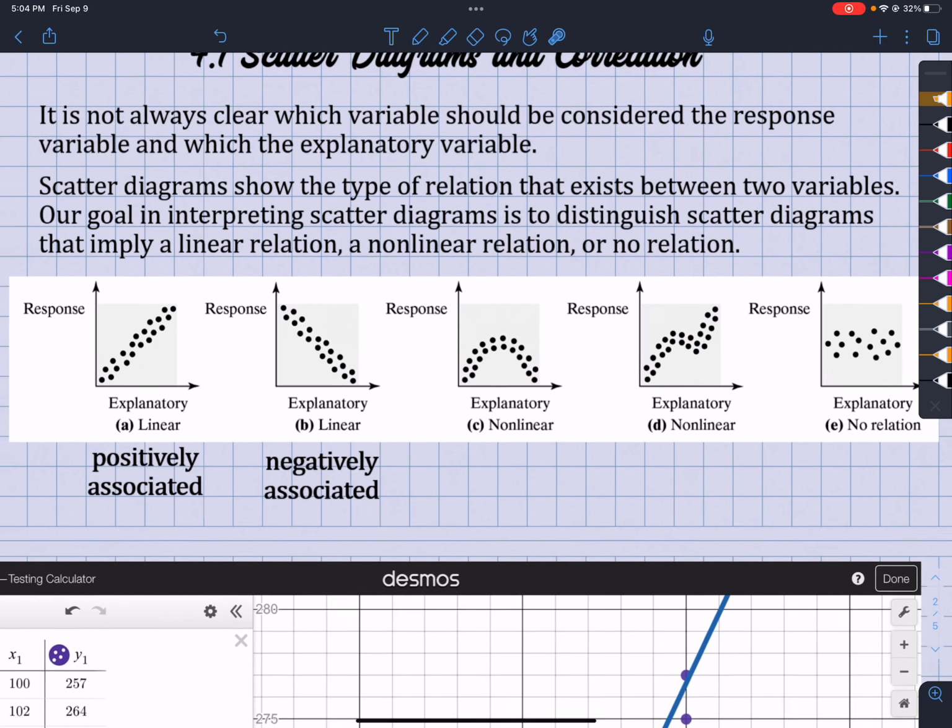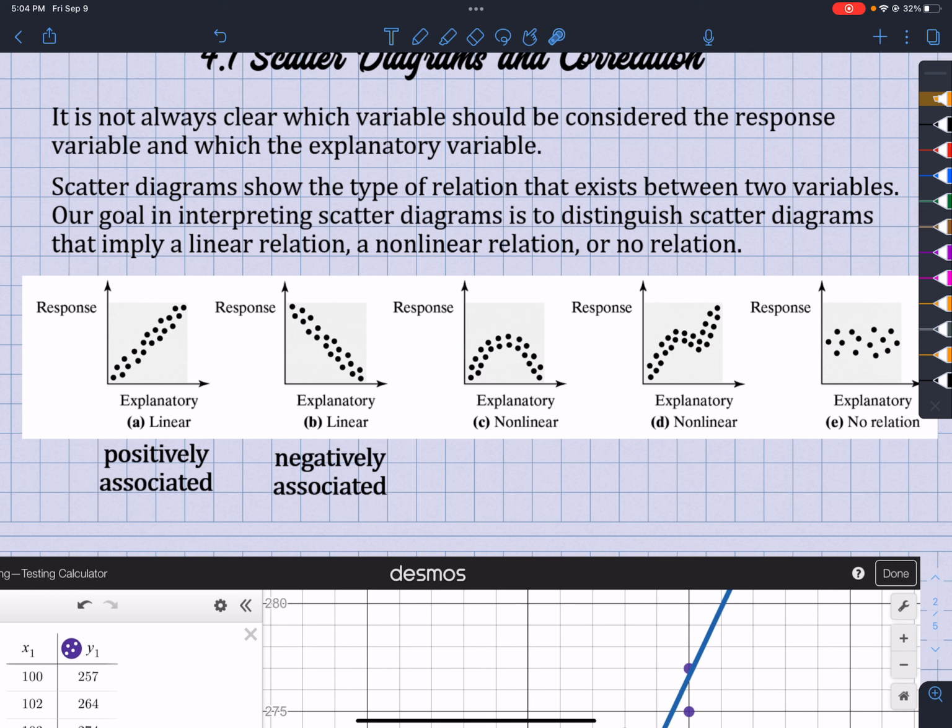What you're going to see is something like this, where a linear pattern would be a little scattered, but every time the club head speed increases, the distance does increase. That would be positively associated because we have a positive slope.